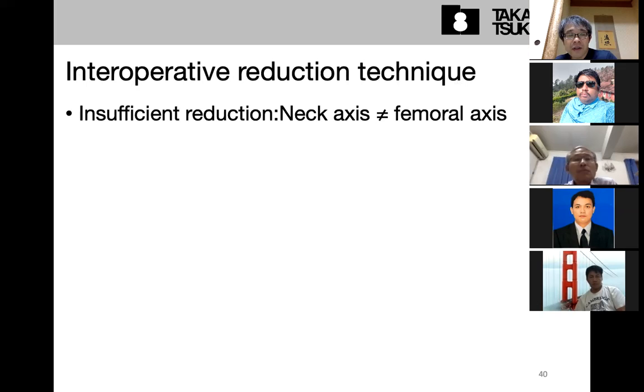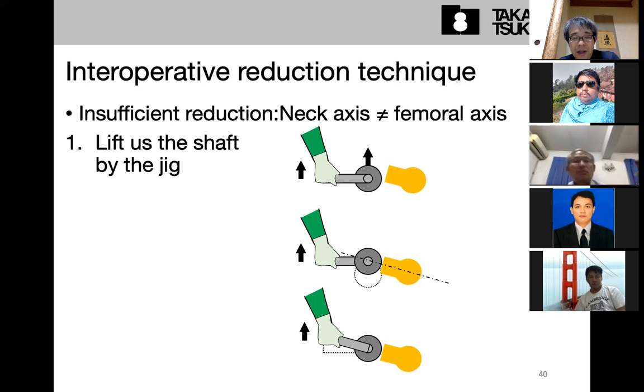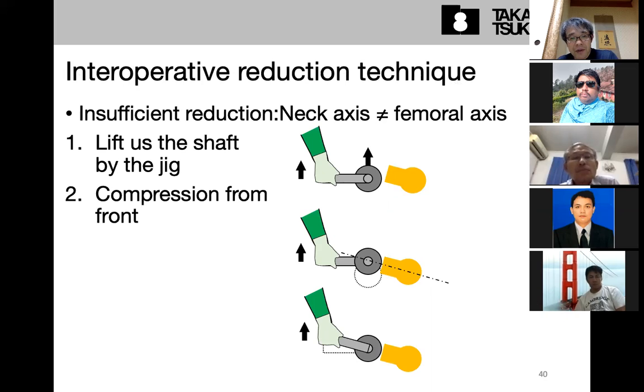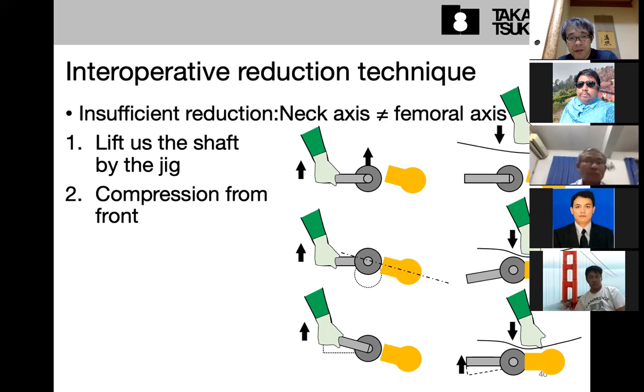This is my technique. For insufficient reduction, it means the neck axis and femoral shaft axis do not come to the same level. To reduce this, and sometimes the fracture displacement like this, I lift up the shaft using the jig, or compress from the front.